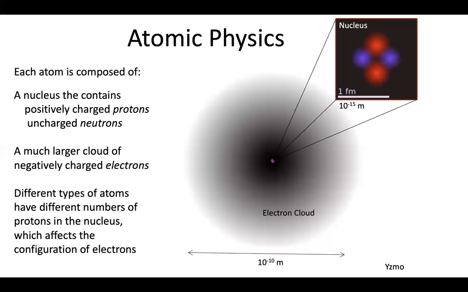What I want to focus on today is why the electrons are distributed around these atoms the way they are. The reason I want to focus on that is it directly relates to the things we talked about in the previous video, which is basically a representation of quantum mechanics.